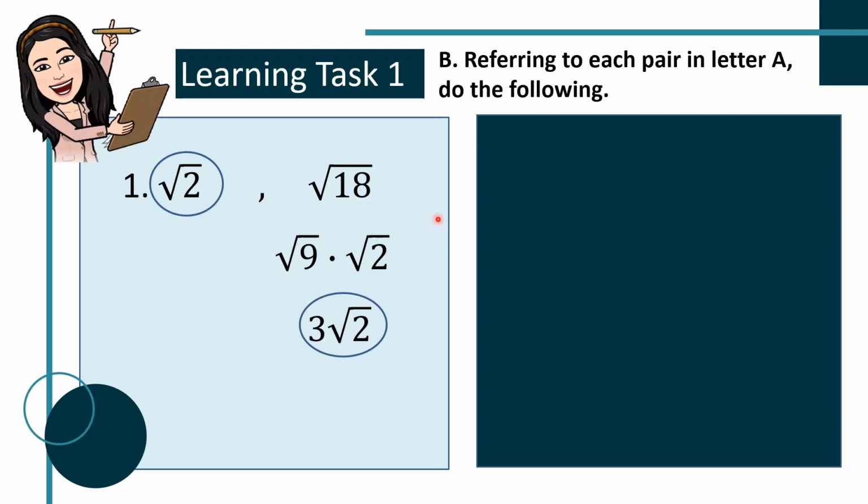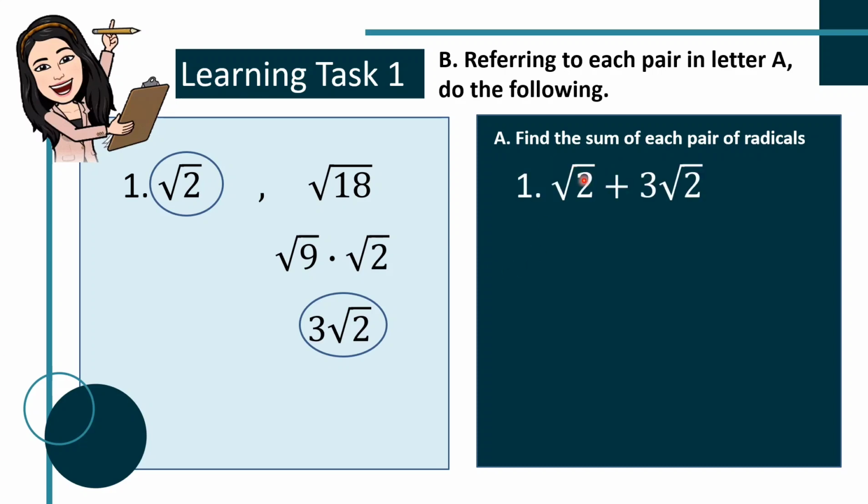So, following the task on letter B, yung una dyang task is to find the sum of each pair of radicals. Pag sinabing sum, meaning that is addition. So, kapag inadd natin yan, that would be square root of 2 plus 3 square root of 2. Pinag-add natin yung dalawa.